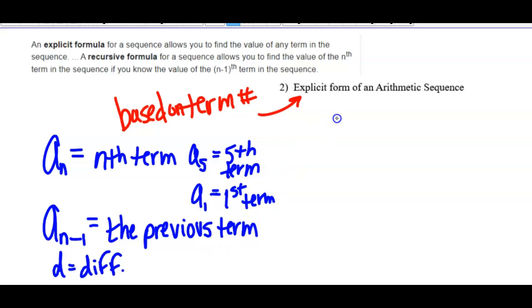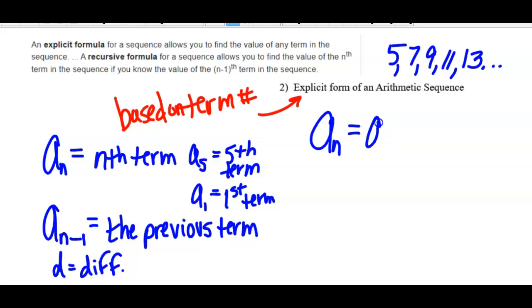All right, so explicit form of an arithmetic sequence means, let's put one up here and talk about it. 5, 7, 9, 11. Okay, so to find the 27th term here, any term I want to find, I take the first term and I add the difference, but it's n minus 1 times. Let me talk you through that.